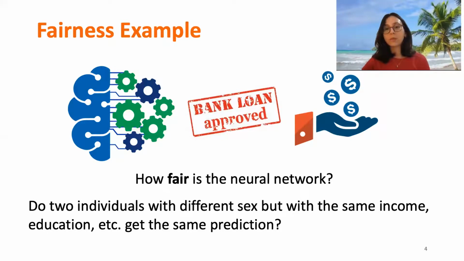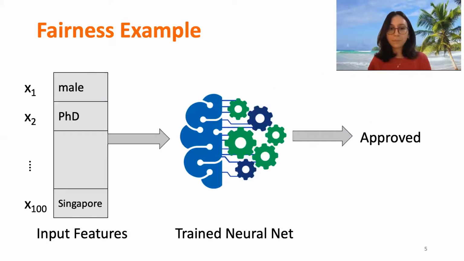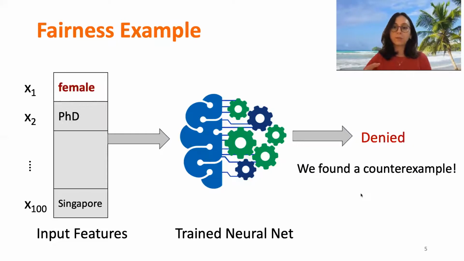Let's say we use a verifier for the given neural network and this property. Now, if the property is true, that's great news. We have found a perfectly fair classifier. Now, if the property is false, however, then the verifier produces a counterexample and the concrete input to the neural network where changing the sensitive feature results in changing the prediction.